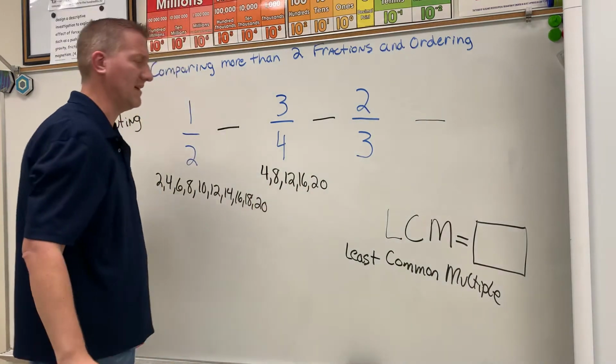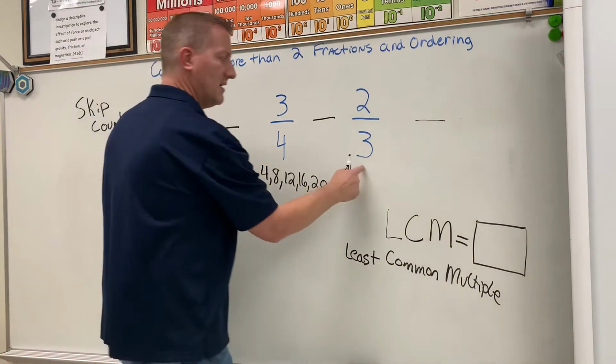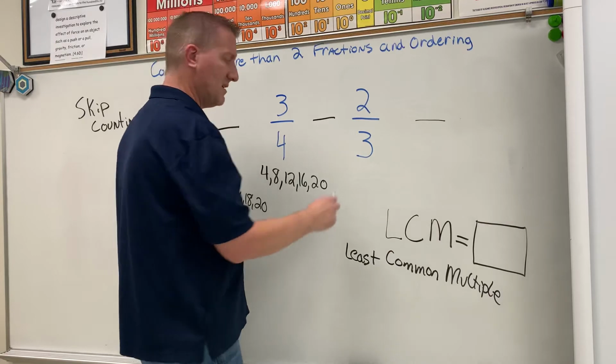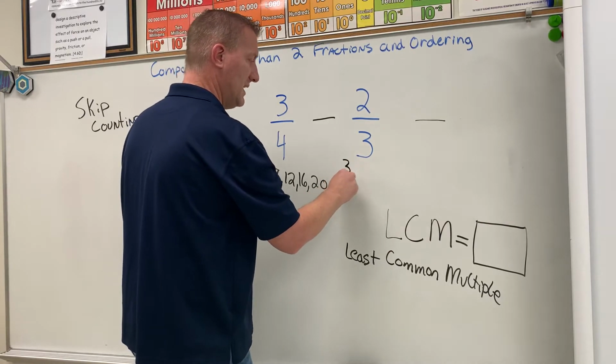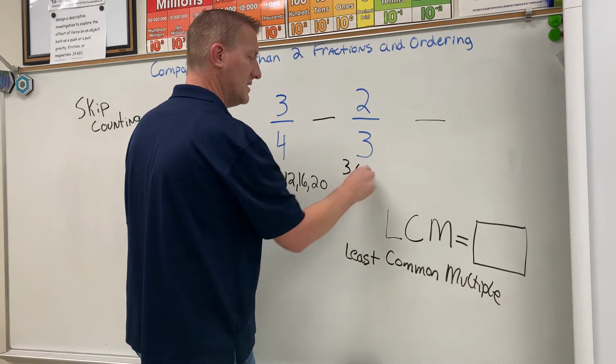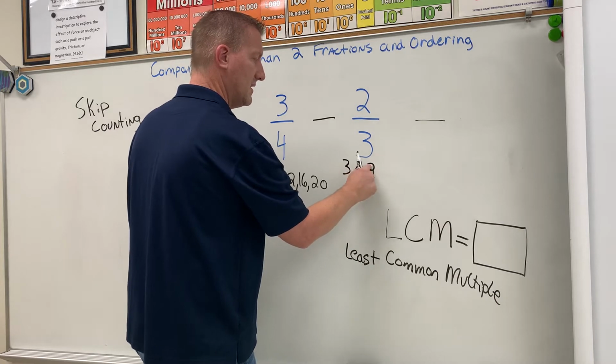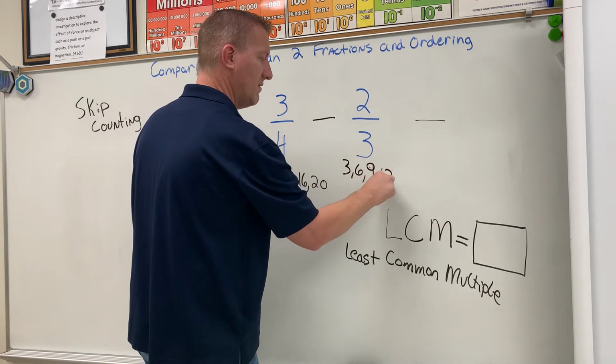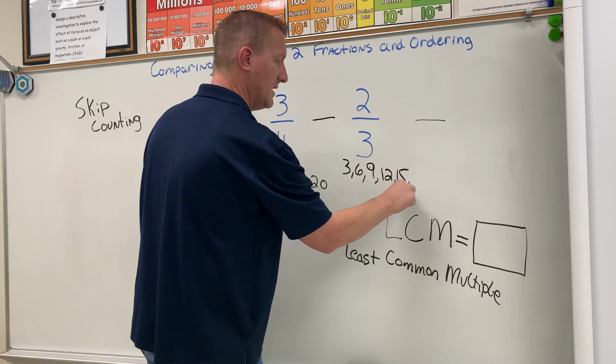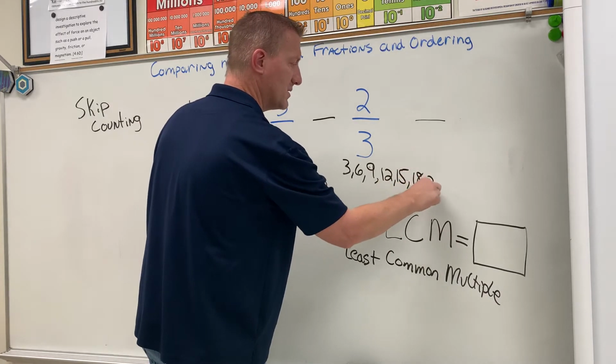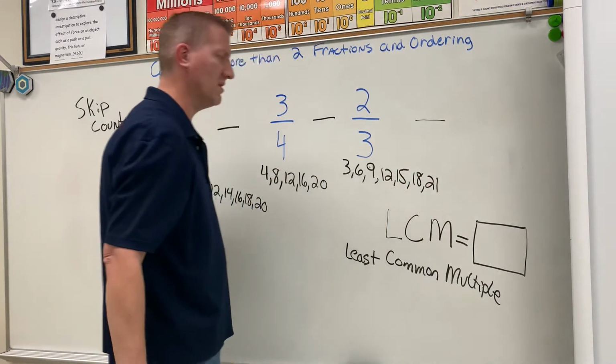All right, that was a little easier. Skip count by 3s up to 20. So 3, 6, 9, 12, 15, 18, and I'm going to go up to 21 because it ends at 21.